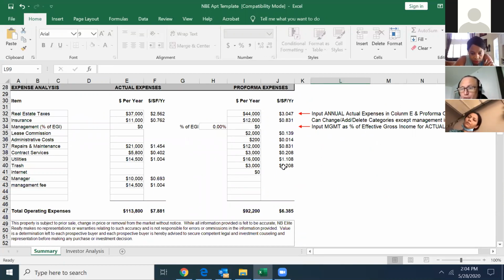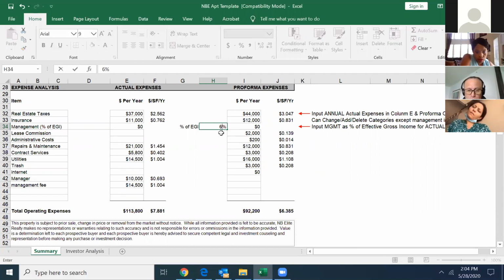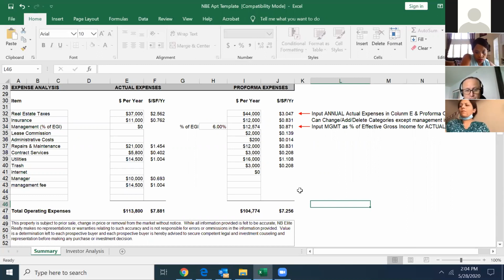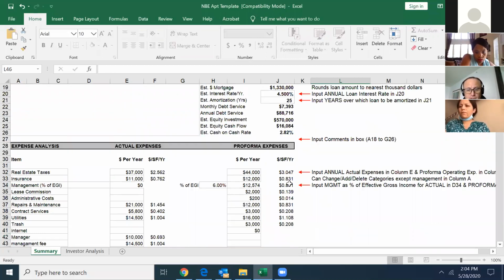If you bought it yourself, it could be a deal, especially because we're going to add something else to the property. But in here, when I add the management, somebody has to manage, right? So when I add 6% for management fee, that changes things, right?